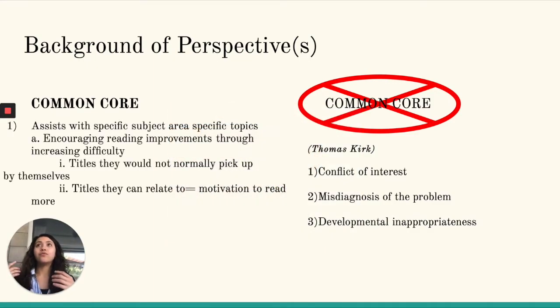And so now it leads me to the people who are for Common Core, and their basic argument is that these Common Core guidelines help subject areas. The main arguments are for ELA, language arts, and math. Everybody knows that in math, you need those specific guidelines in order to reach the highest level, because you have to know what was before it in order to know what the next step is.